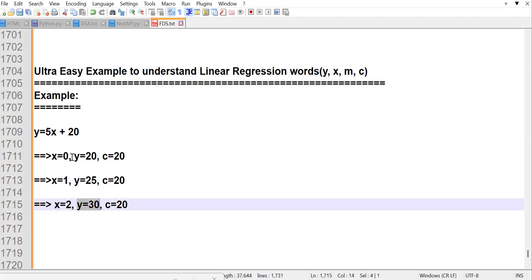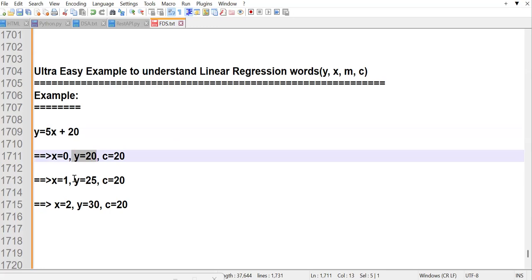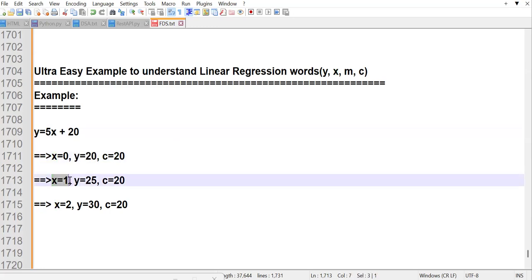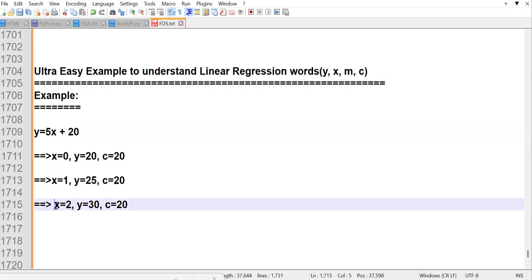So each time you increase the x value by 1, how much is y increasing? By 5. Y is increasing by 5 each time.